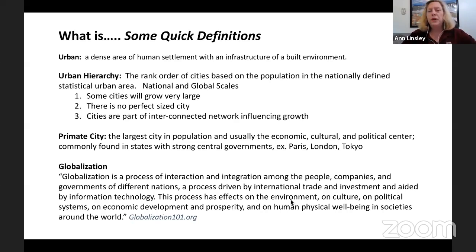For example, what has globalization done to culture? Think about your family's culture. Can you see what has happened if you live in a big city? Do you still do all the traditional practices that maybe your great grandparents or your grandparents did? Is that even possible if you live in a big city? Or has it just changed over the generations? And as a student, you think, okay, well, that's kind of lame, I'm not going to do that. We all go through that, even us that are older.